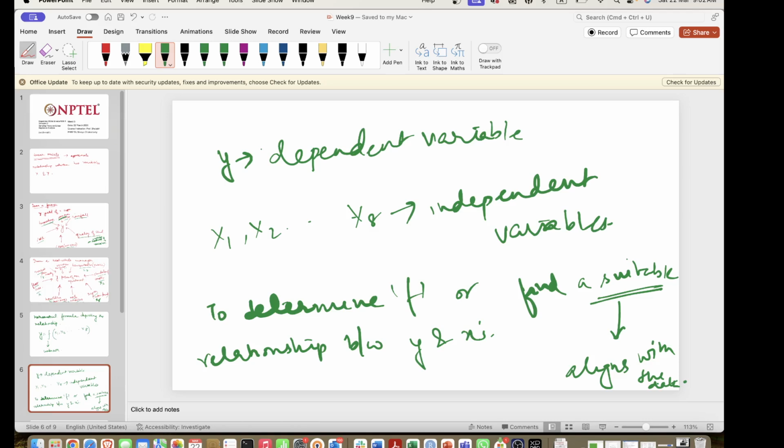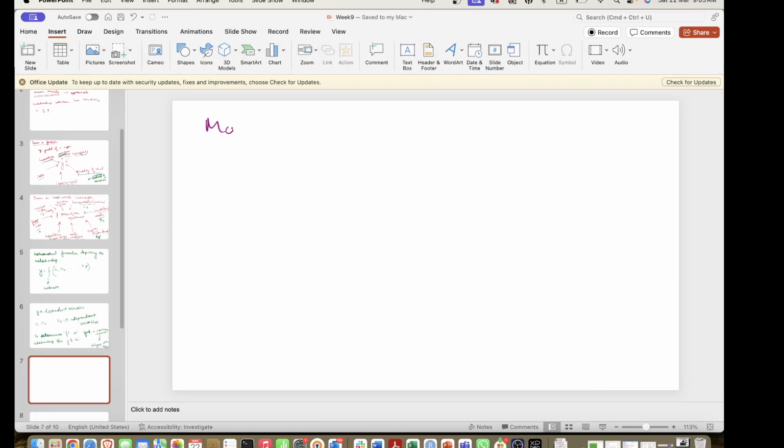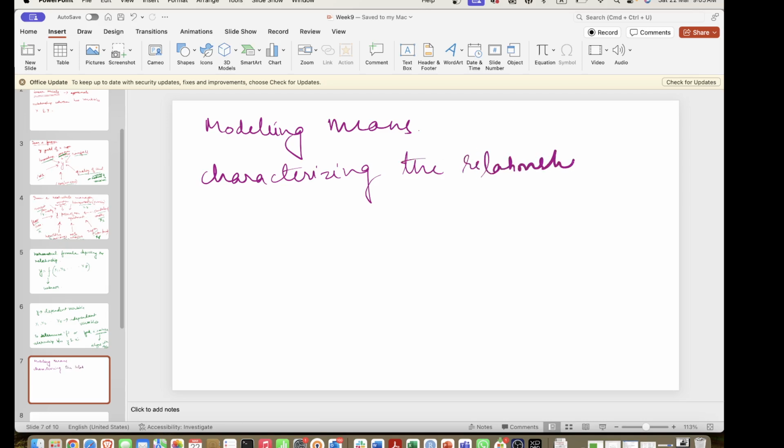so by a model, I mean that I am in some way characterizing the relationship. So modeling means characterizing the relationship between y and x's.